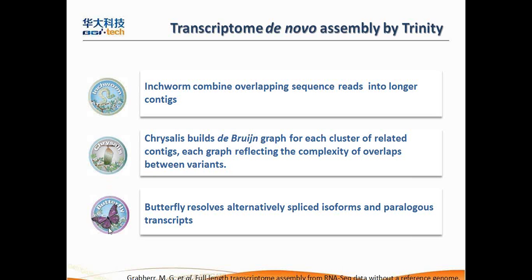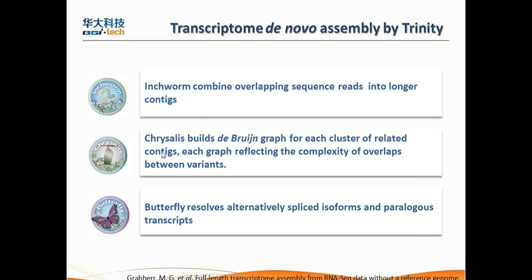The combination of these three components is just like the stages of how an inchworm turns into a butterfly. So Inchworm uses overlap information and connects the very short sequencing reads into longer and longer contigs. This is what they do in the first step.